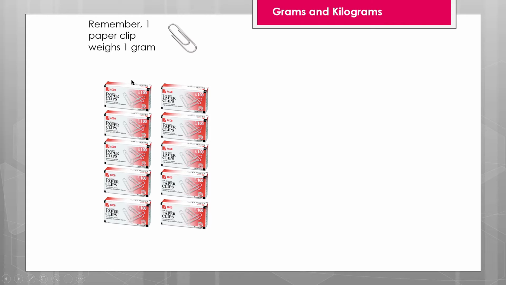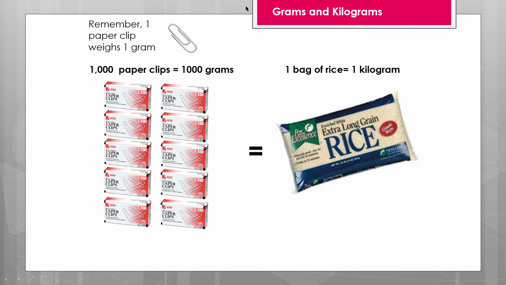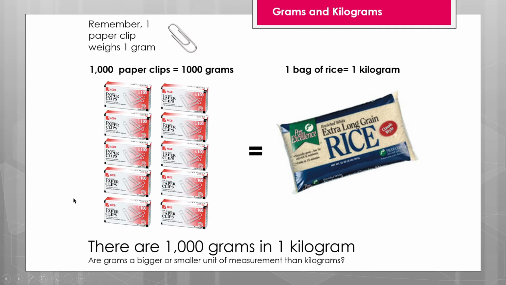So that means that 1,000 paper clips is equal to 1,000 grams, and this is equal to 1 bag of rice, which is 1 kilogram. As we said before, 1,000 grams is equal to 1 kilogram. There are 1,000 grams in 1 kilogram.